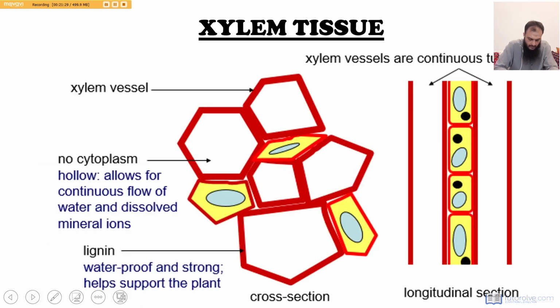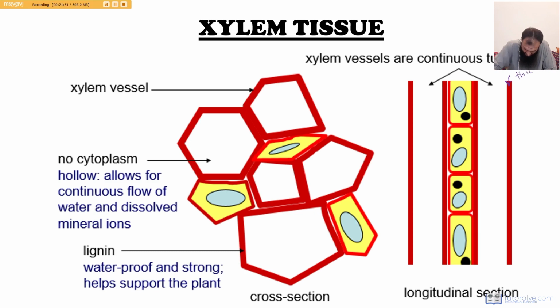Okay. Now this is a good picture that shows you the cross section, and then the side longitudinal section of how xylem vessels look. You can see these are empty tubes. This diagram is only depicting lignin through the thickness that you can see.